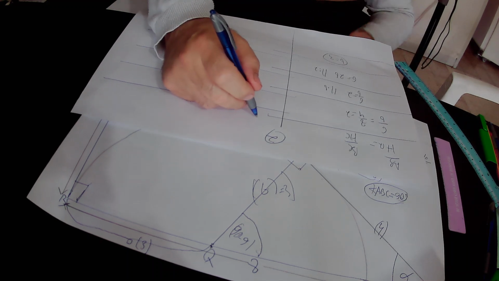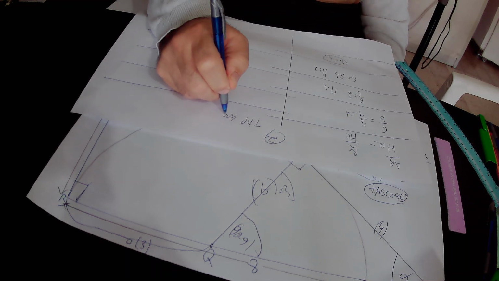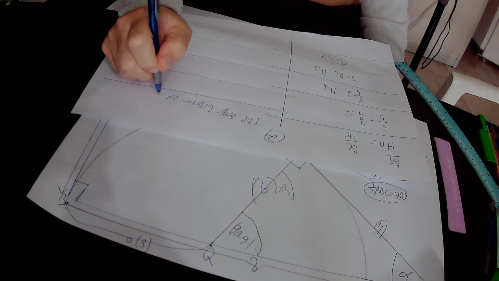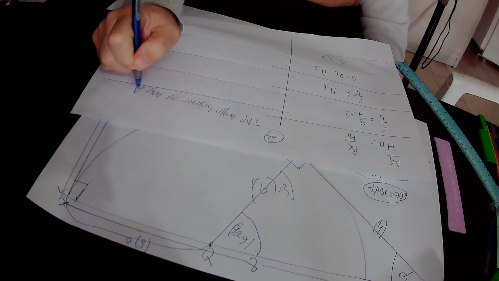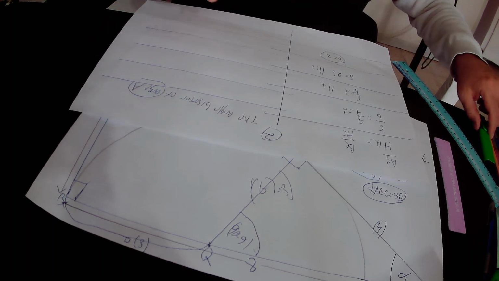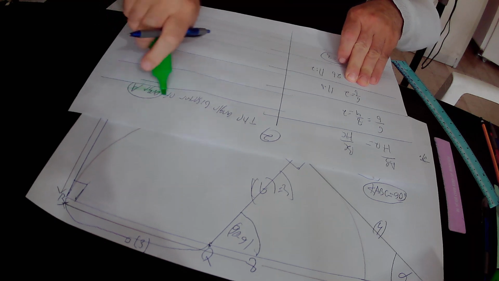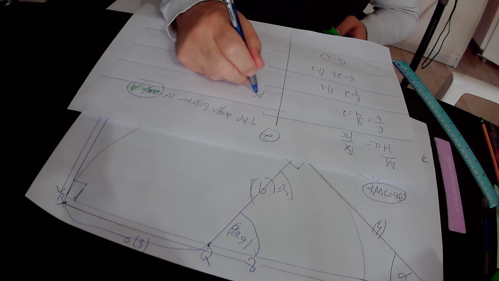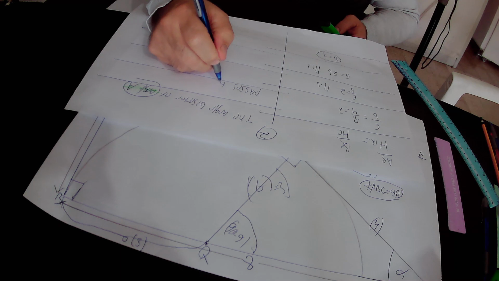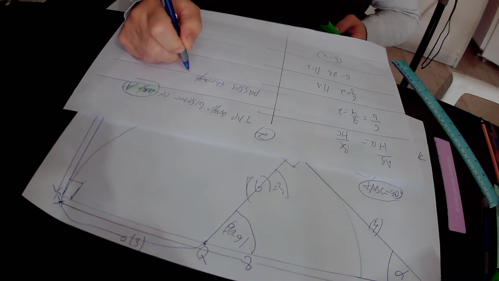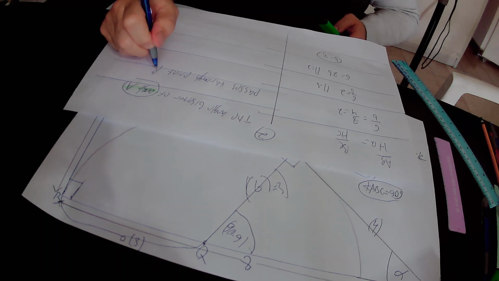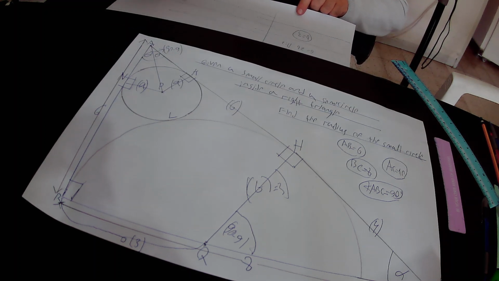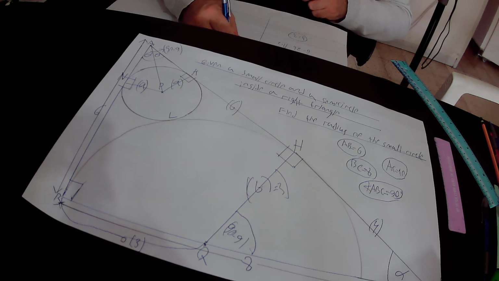So right now, I found out that the angle bisector of angle A passes through point P, that is the center of this small circle.